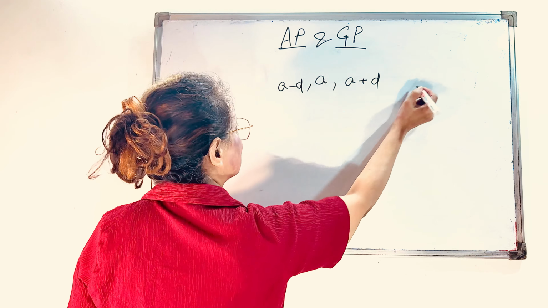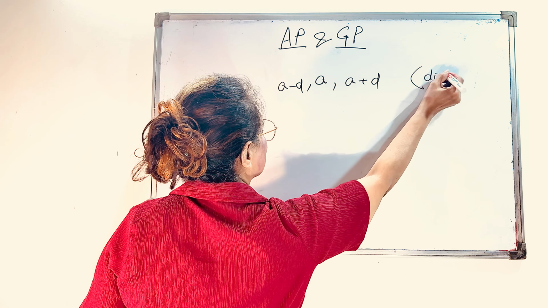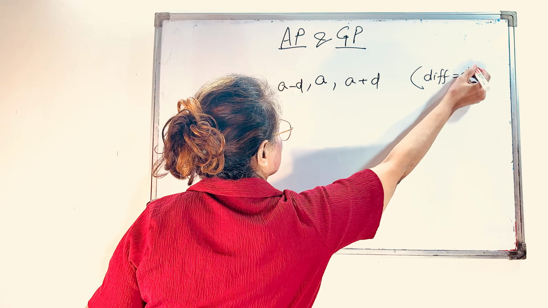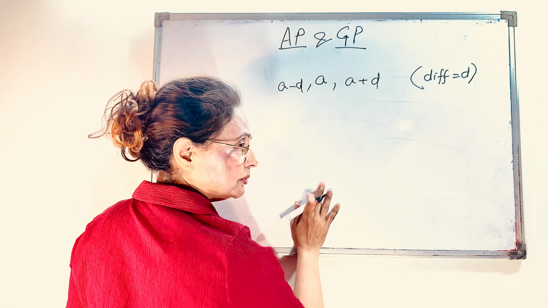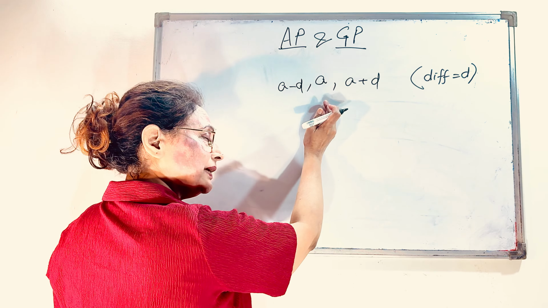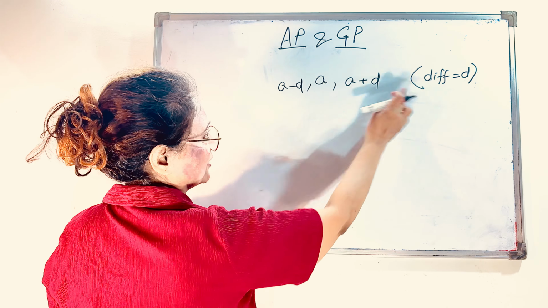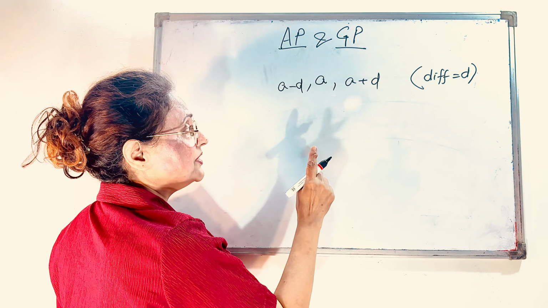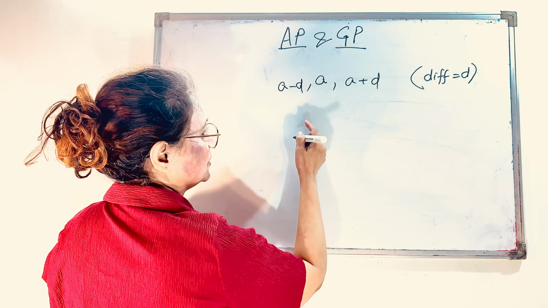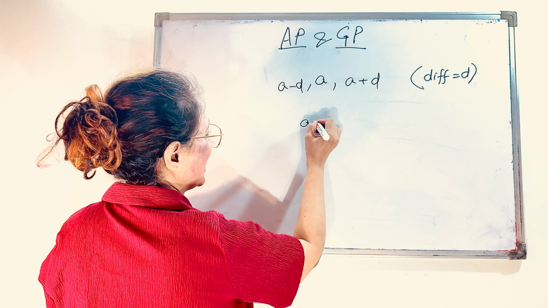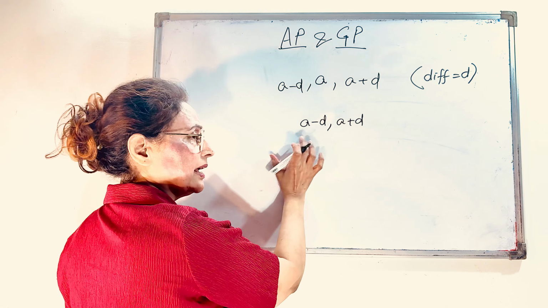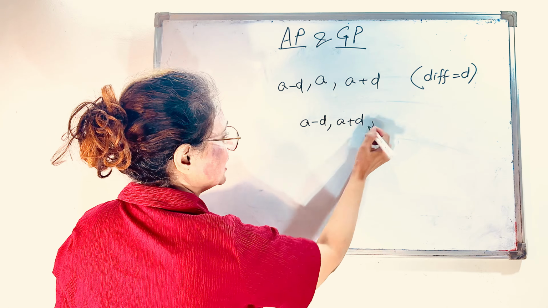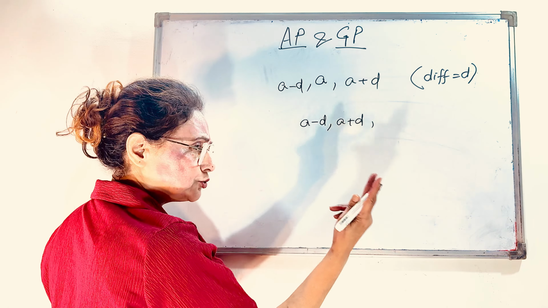Here the common difference is d. So if there are an odd number of numbers, there is a middle term. Let that be a, add d, subtract d, common difference d. But if there is an even number of numbers, say 4, then we don't have a middle term. So first write the middle two terms, a minus d and a plus d. If you subtract them, you'll see the difference is 2d.